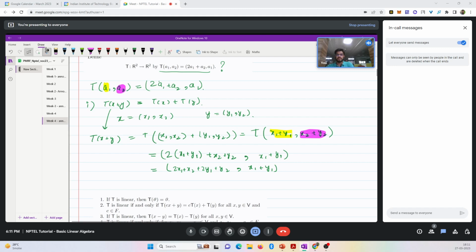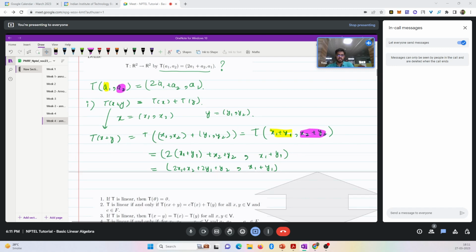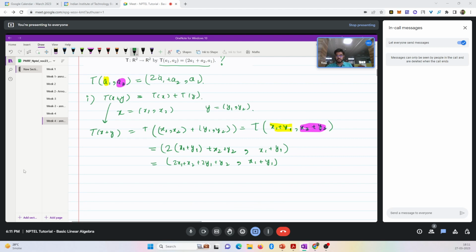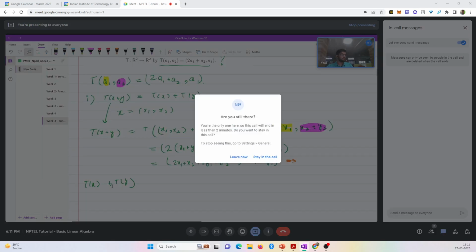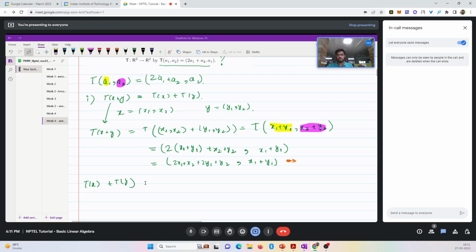Now, in order to verify, we also need to evaluate the right hand side. That is, we need to evaluate T of x plus T of y, and check whether this quantity is equal to the previous one.